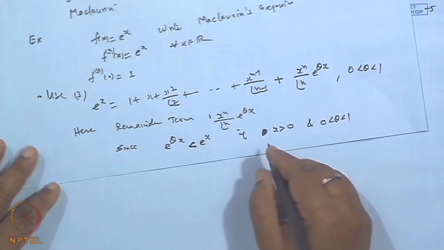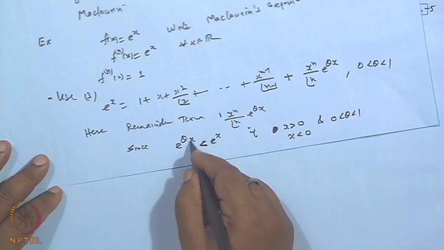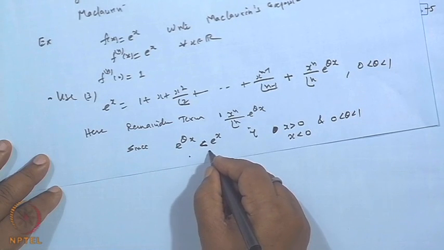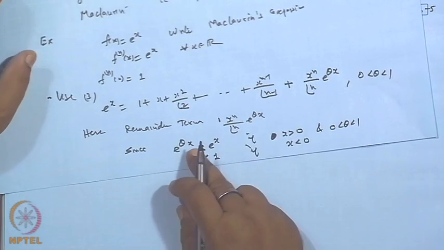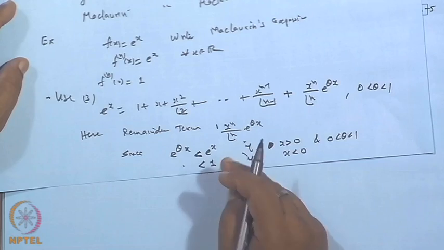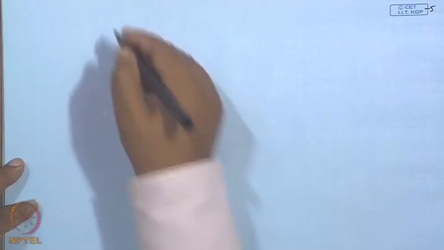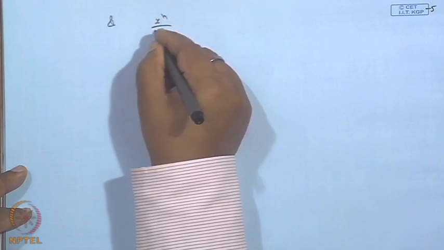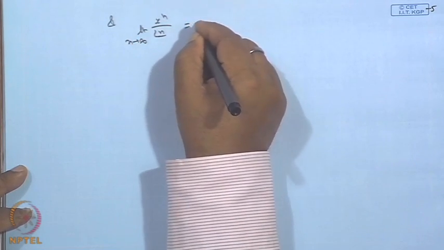And when x is negative, it is dominated by 1 always. It means e to the power θx will always be bounded by e to the power x. So it is bounded, and the limit of x to the power n by factorial n as n tends to infinity will be 0.